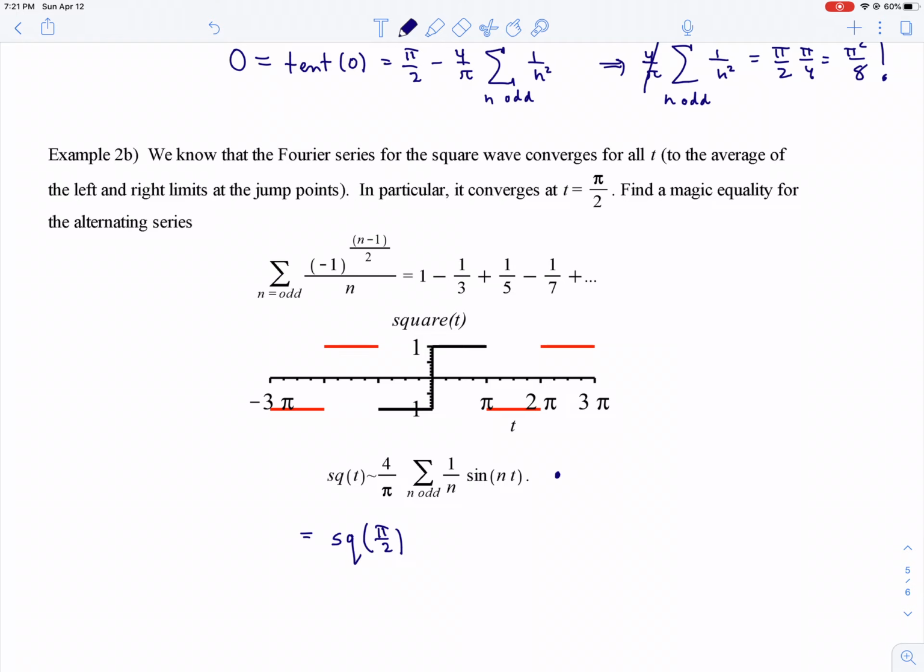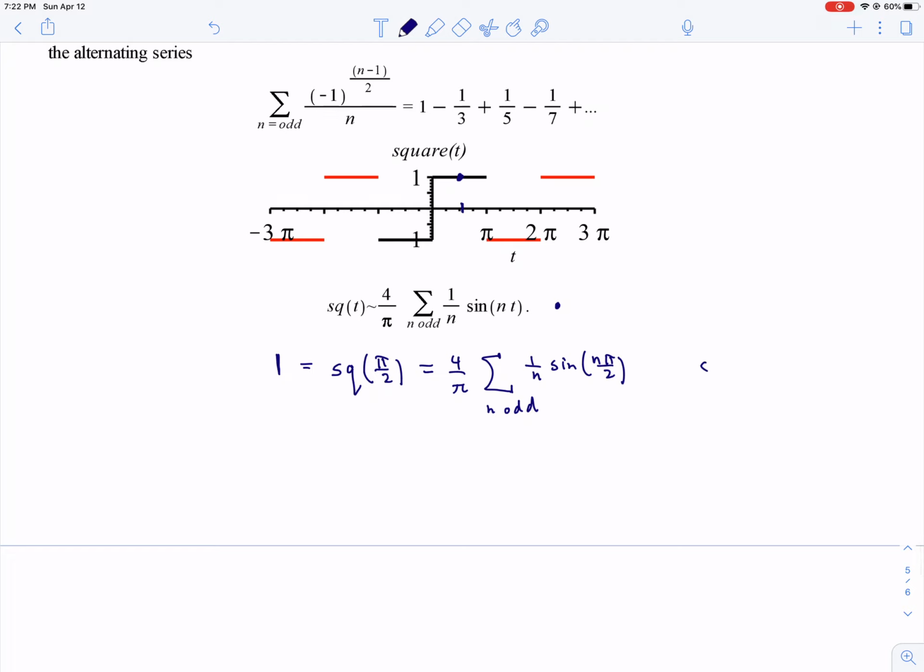At pi halves, the square wave is 1. And on the other hand, it's 4 over pi, the sum over n odd of 1 over n sine n times pi halves.